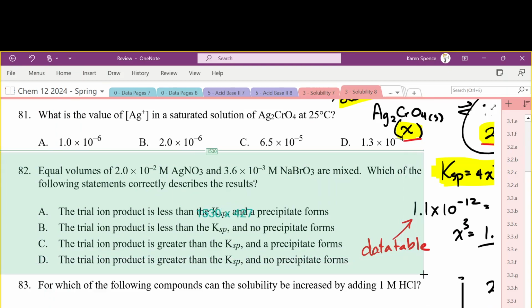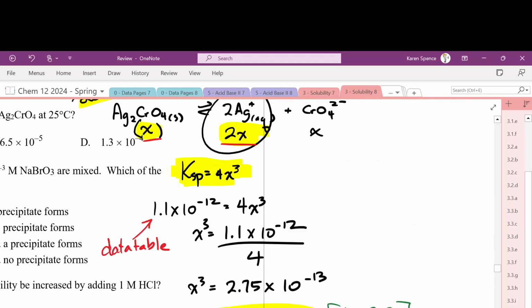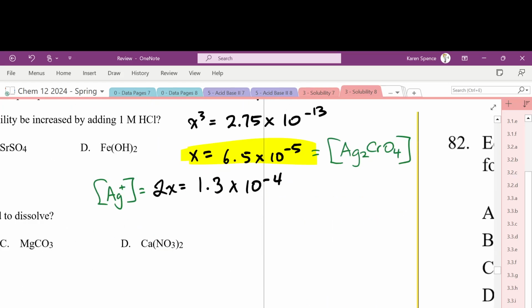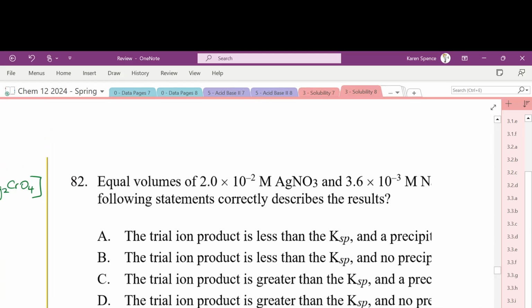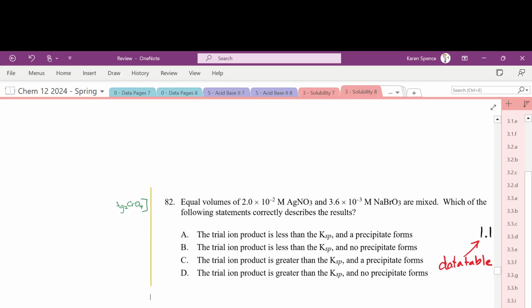Okay. And you know the answer key to 82 is fixed, right? Yeah, okay. Okay, so over here we go. There we are. So we have equal volumes. Did we not do this? Oh no, that was a different one.